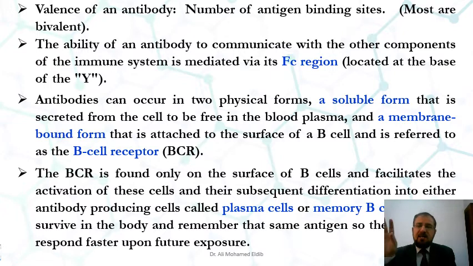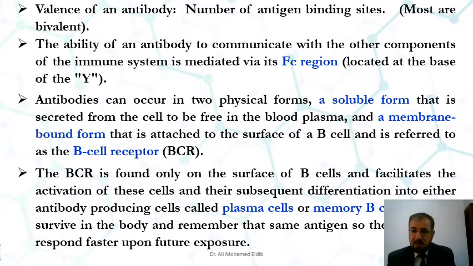Each monomer contains two antigen binding sites, so the total number of antigen binding sites of the IgM will be 10, decavalent.